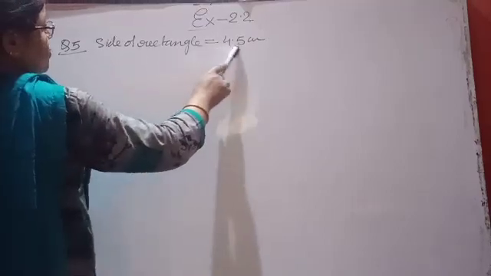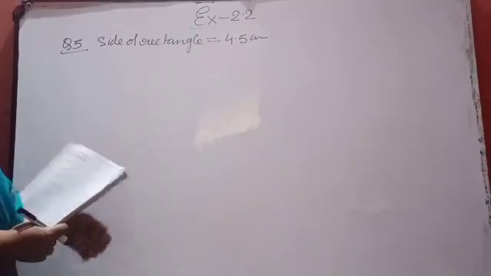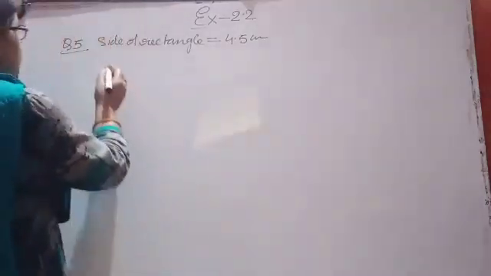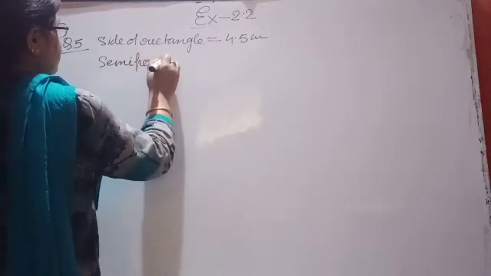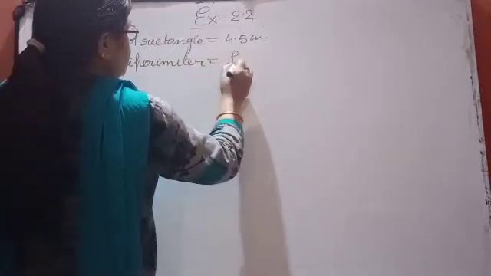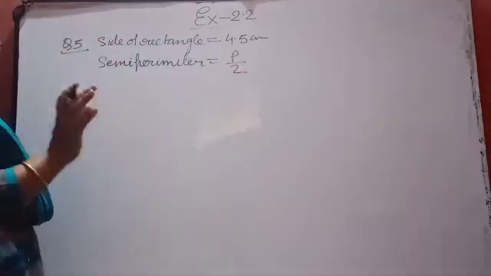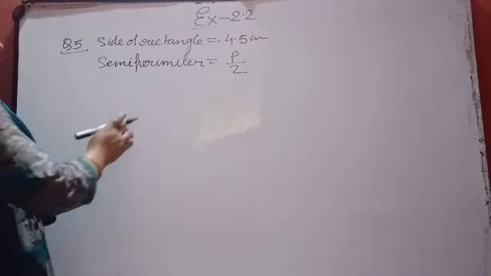The side of the rectangle is given as 4.5 centimeters. What do you have to find? Semi perimeter. Semi perimeter is equal to perimeter divided by 2. Always, semi means half. Semi means half of the perimeter.